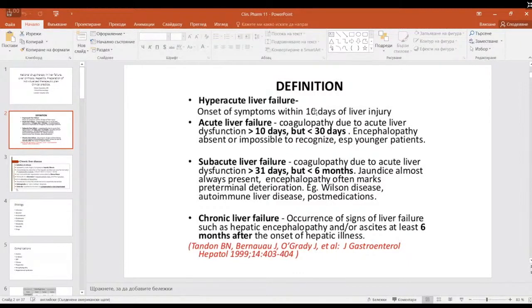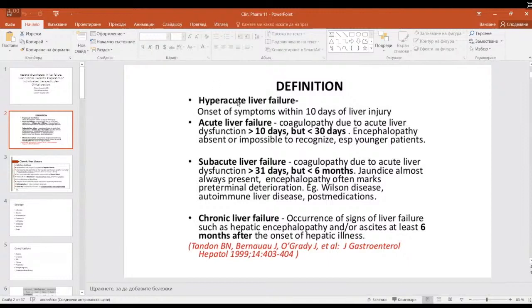If we have an onset of symptoms due to liver failure within 10 days of liver injury, so let's say today a patient takes too much paracetamol, or contracts hepatitis virus and develops symptoms of liver failure within 10 days of today, so let's say next week, we call this hyperacute liver failure.